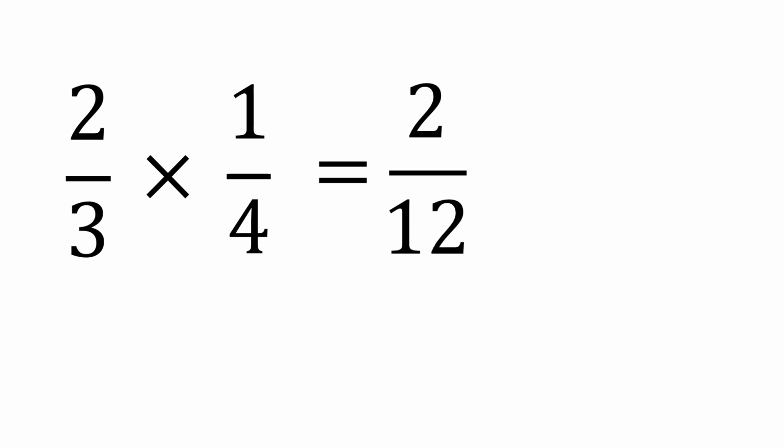But then, this fraction is not in lowest form because the numerator and the denominator can be divided by a common number, that is 2. So this is equal to 2 divided by 2, that's 1, and 12 divided by 2 is 6. And that's the final answer.